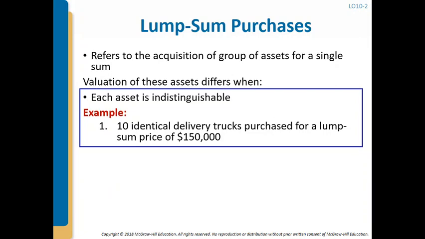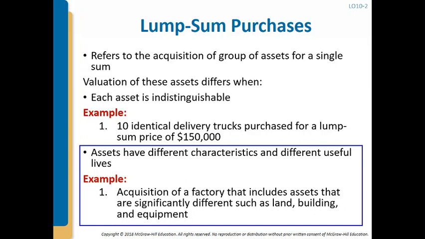It says valuation of the assets differs when each asset is indistinguishable. So this is pretty easy example. 10 identical delivery trucks purchased for a lump sum price of $150,000. You're simply going to have each one valued at $15,000, right?